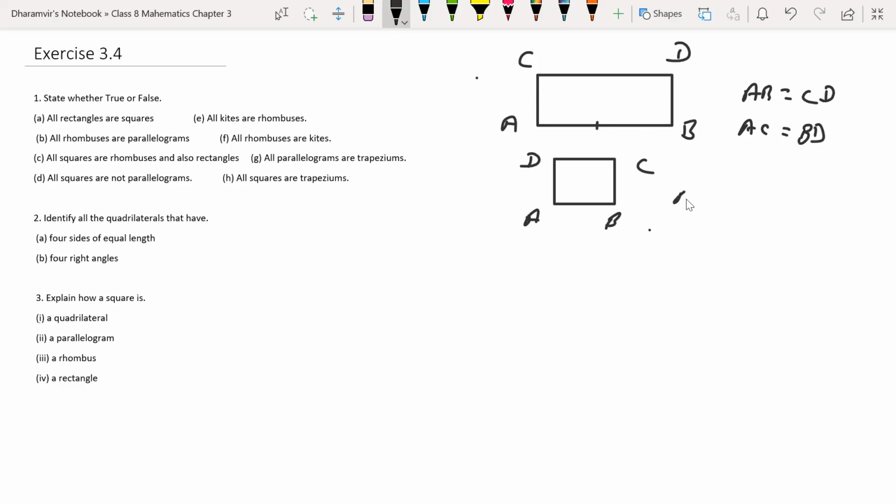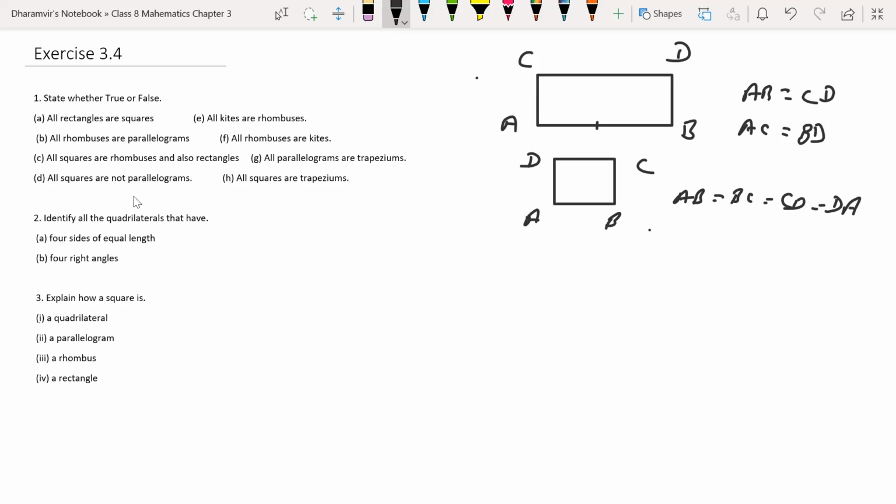But in the square, AB is equal to BC is equal to CD is equal to DA. The first statement is false because of the properties of a square: all sides are equal in a square, but in a rectangle only opposite sides are equal.